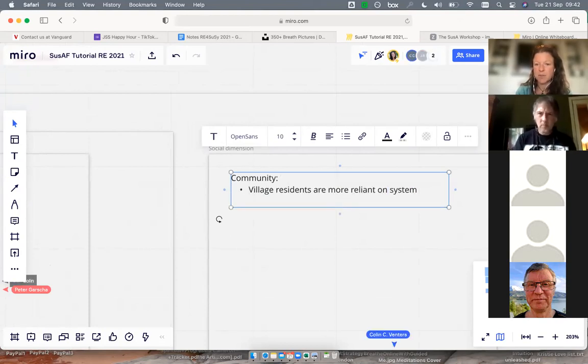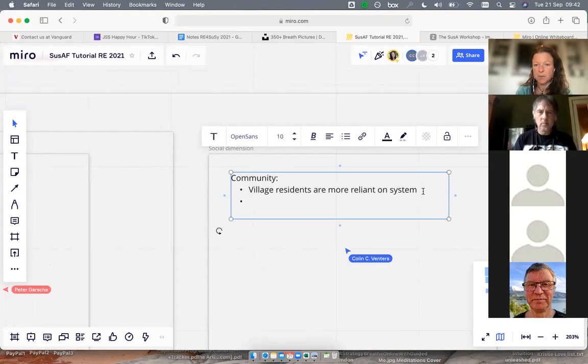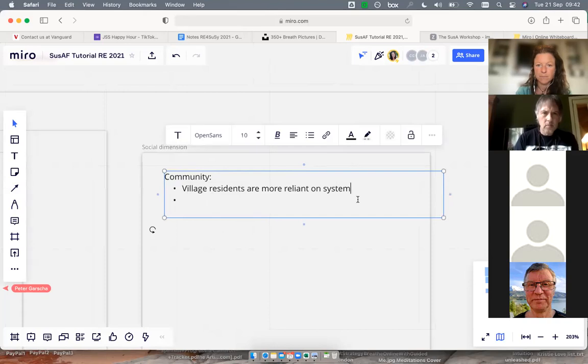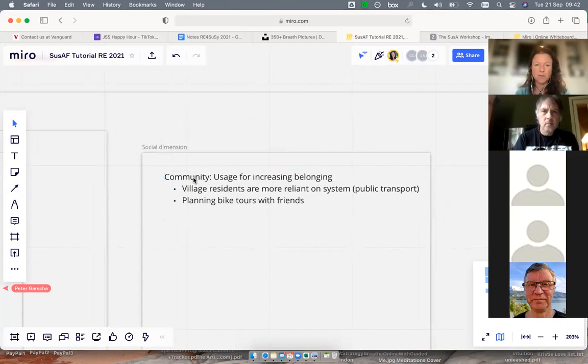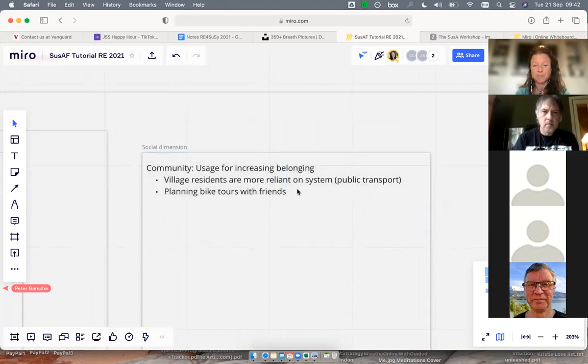Anything else that comes up for sense of belonging or sense of community? Planning bike tours could be also together with friends, could be also something interesting. Often cyclists are tight-knit groups. So these are ways in how the system could support a feeling of community or belonging.